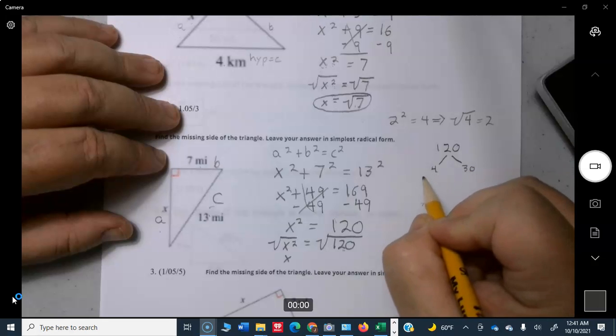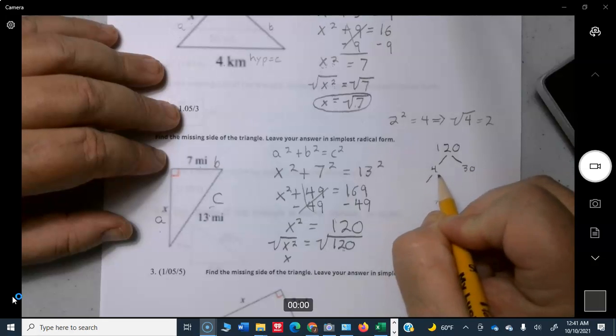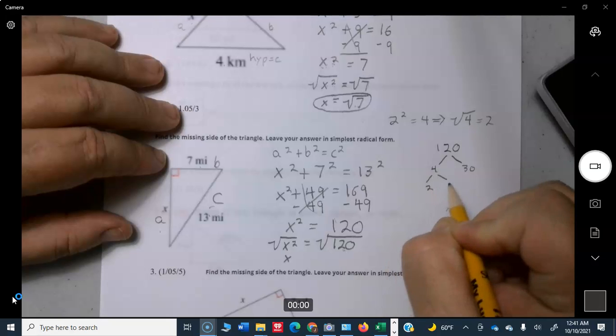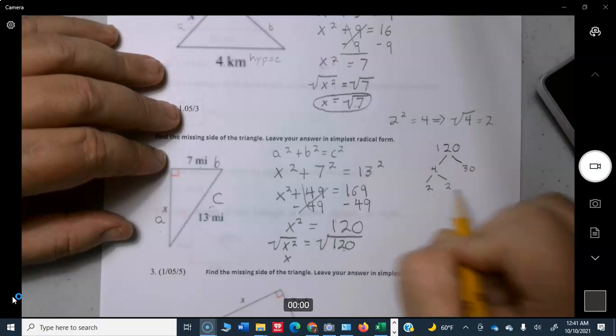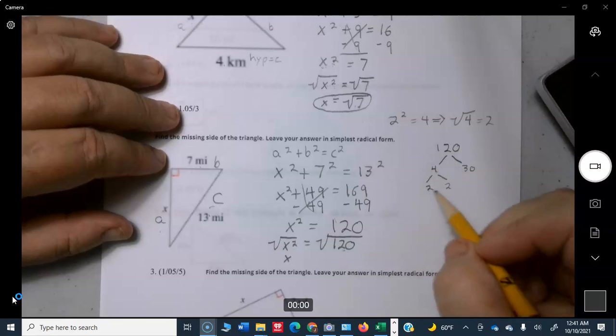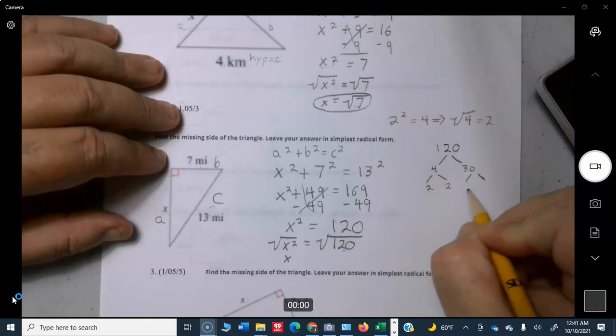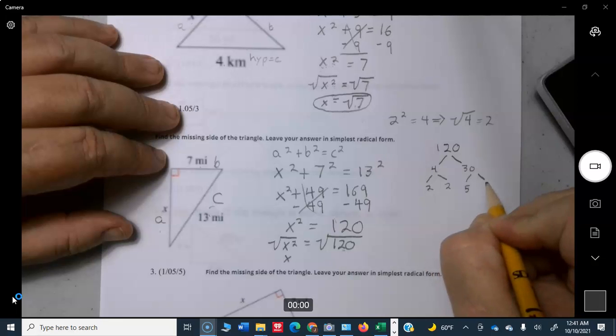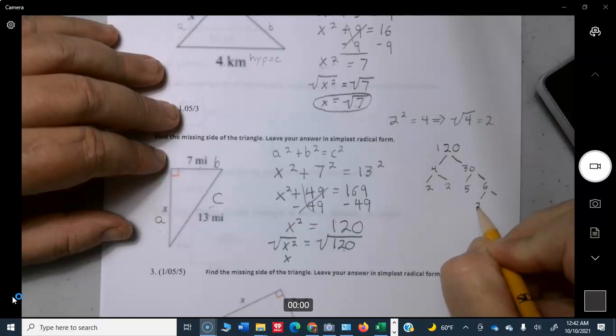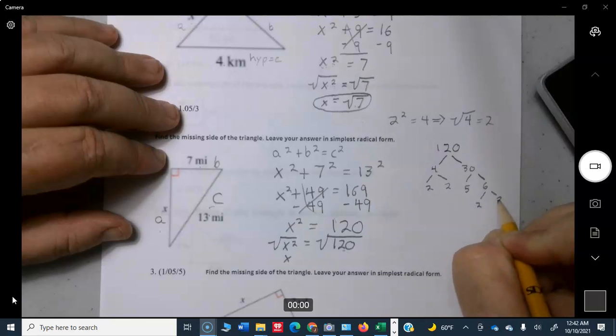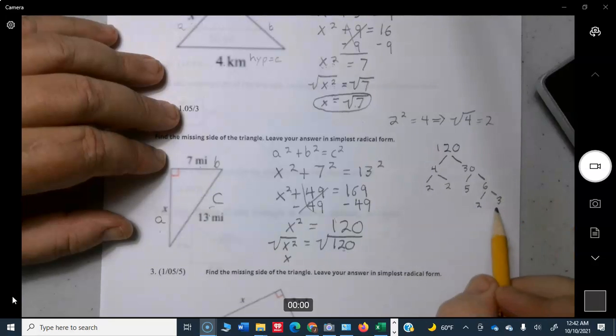Now 4 can be broken down into what number times what number? Well, it would be 2 times 2. 2 and 2 are prime numbers, so we can't go any further on this side. Over here on the 30 side, we can have 5 times 6. And 6 can be broken down into 2 times 3. So all of these are prime numbers. You can't reduce them any further.